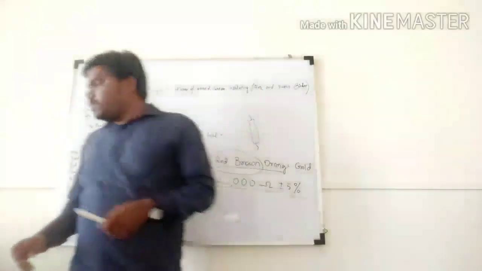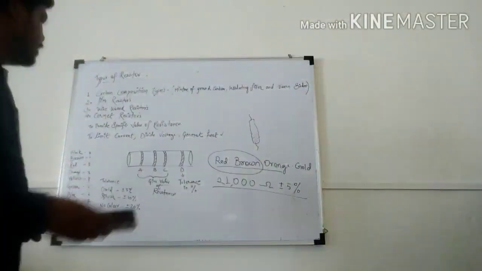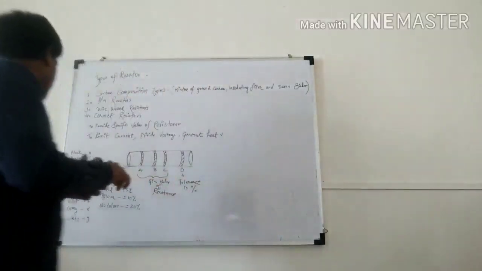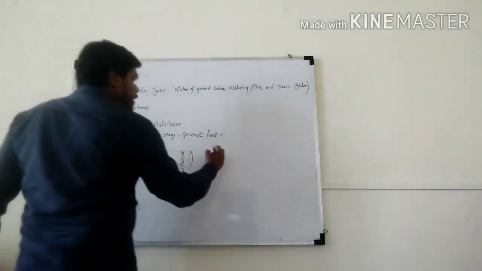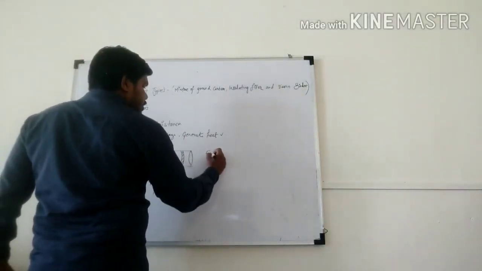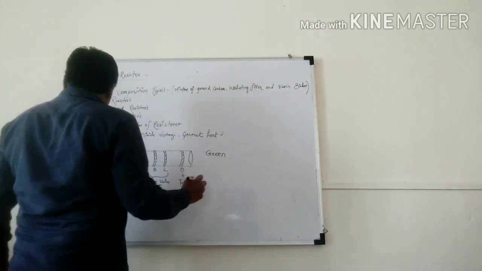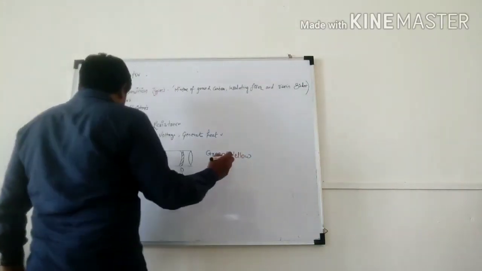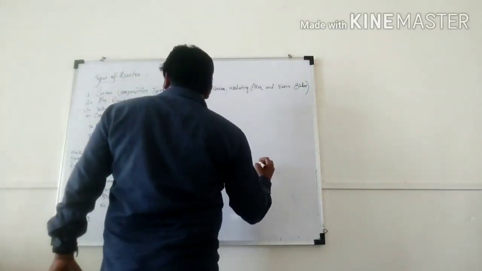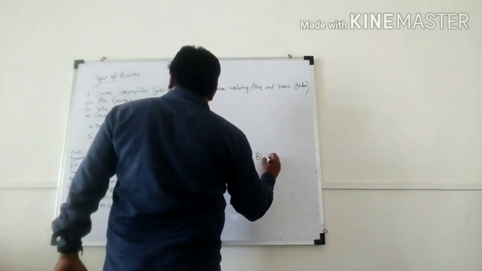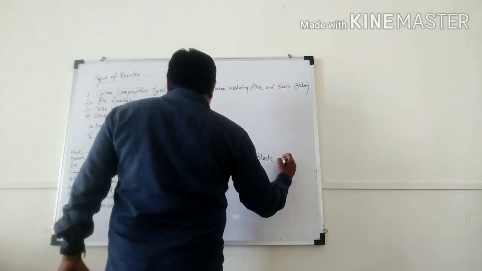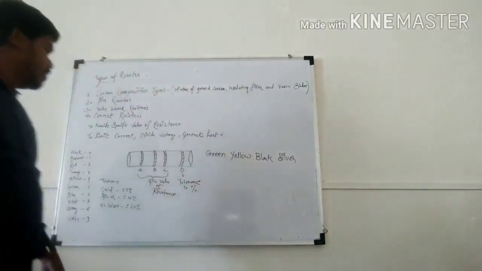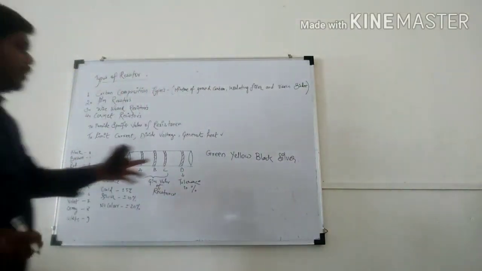We will take another example. Let's suppose I have a green strip first. Then I have a yellow, then a black, and I have silver. So what do these denote?